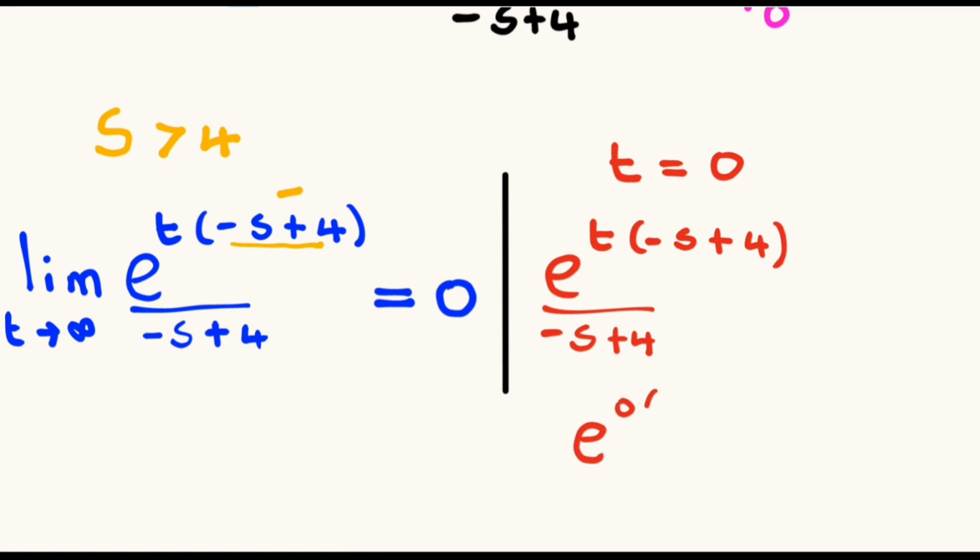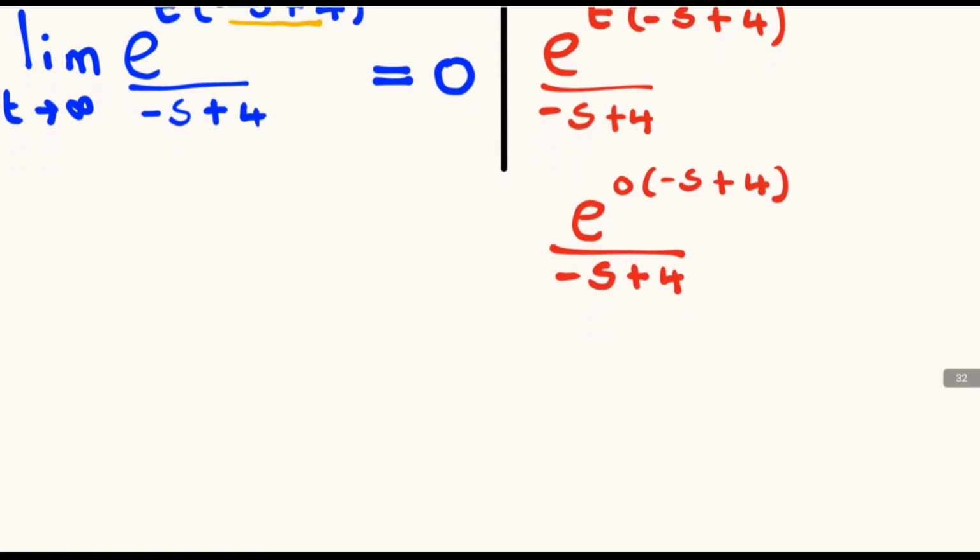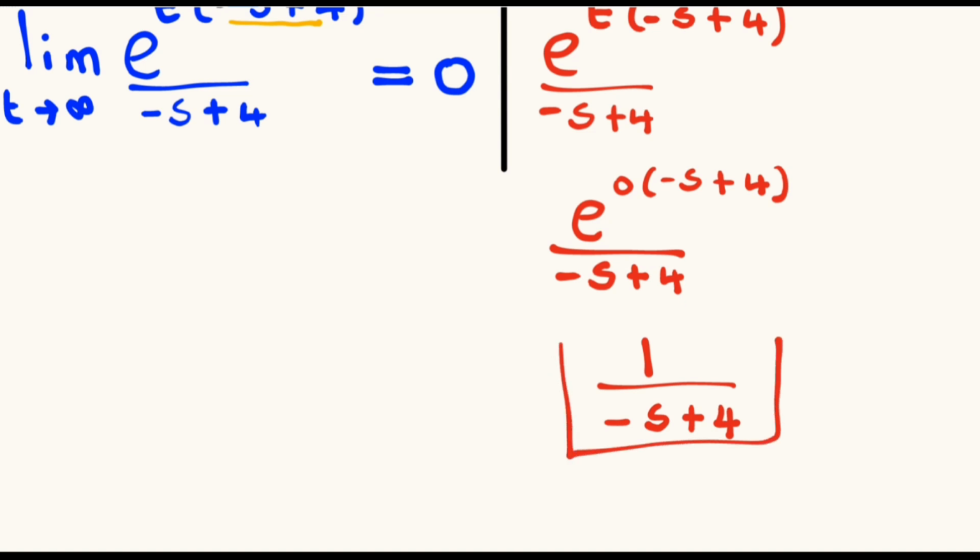So we have e raised to the power 0 into negative s plus 4 divided by the negative s plus 4, and 0 multiplied by the negative s plus 4 will be equal to 0, and e raised to the power 0 will be equal to 1, and this is divided by the negative s plus 4.